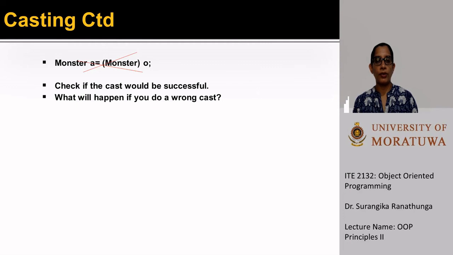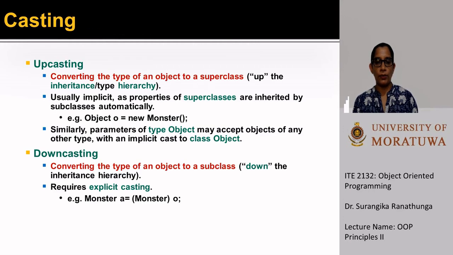So before doing this downcasting, we have to make sure that the cast is going to be successful. In order to do that, we can check the actual type of this object. In the previous case, although we are assigning this new monster object to a type O, the actual object is a monster object. Now, when we say object O, in the context of this O reference, this monster object is acting as an object, but the actual object is of type monster.